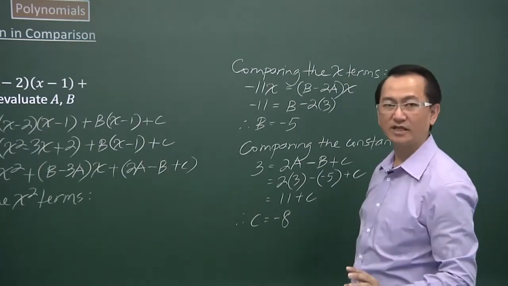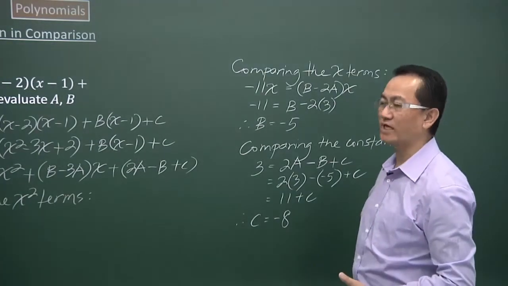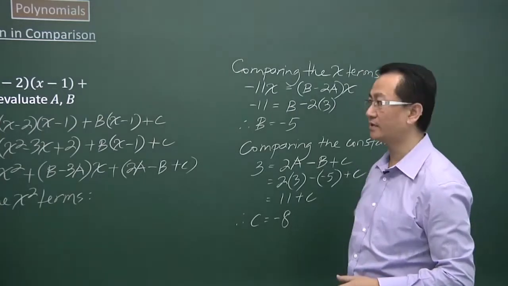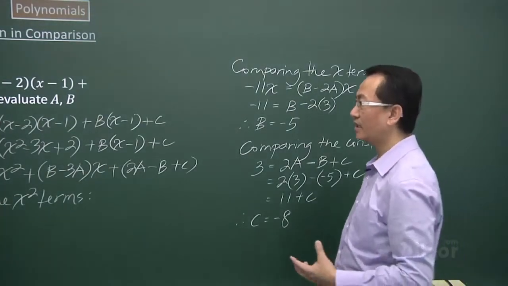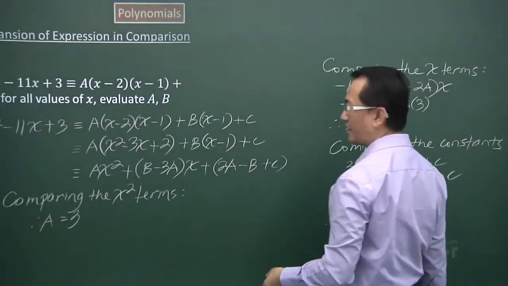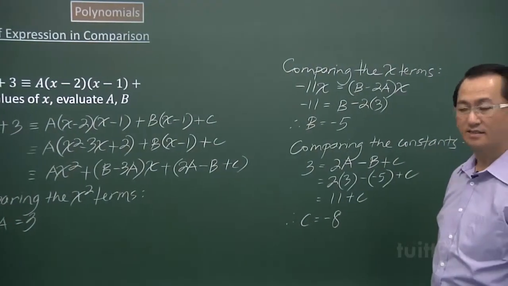So you can see in this method, when we talk about the use of full expansion of the expression in order to compare like terms on the left hand side as well as on the right hand side, we can do this: expand fully and then compare like terms on either side of the identities.